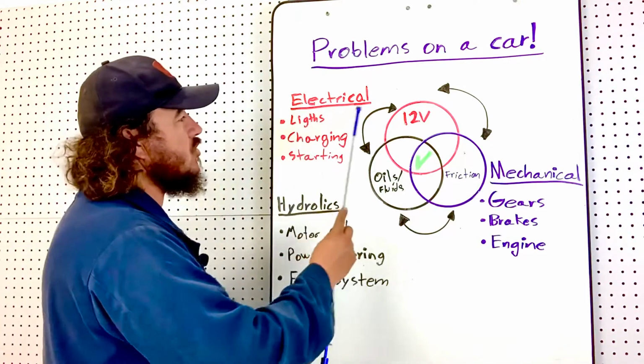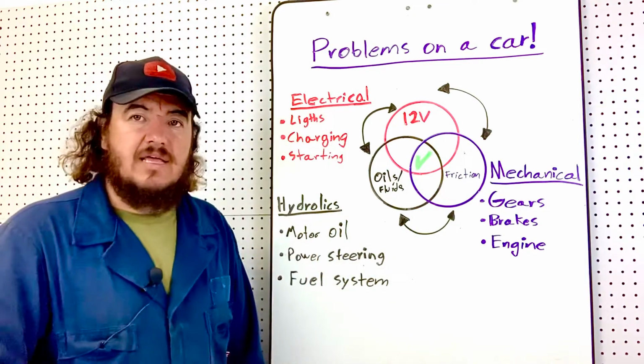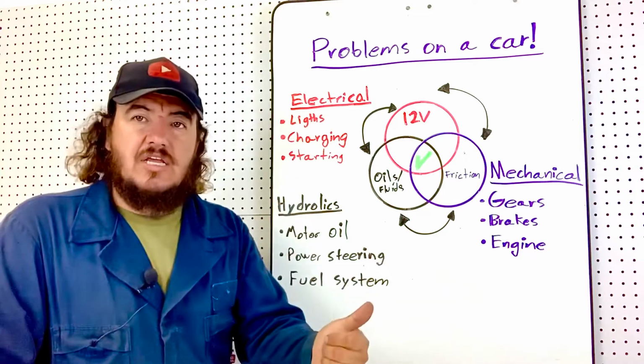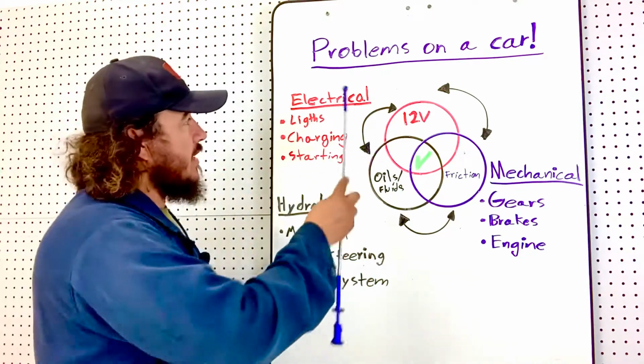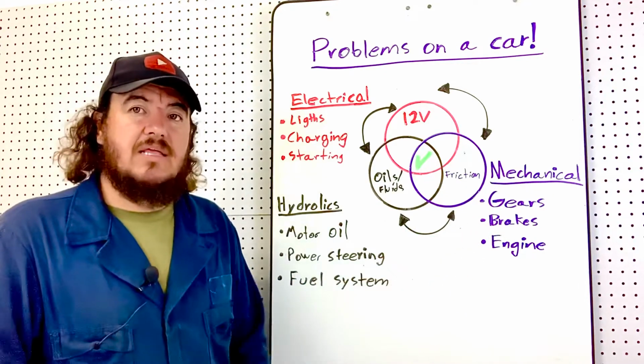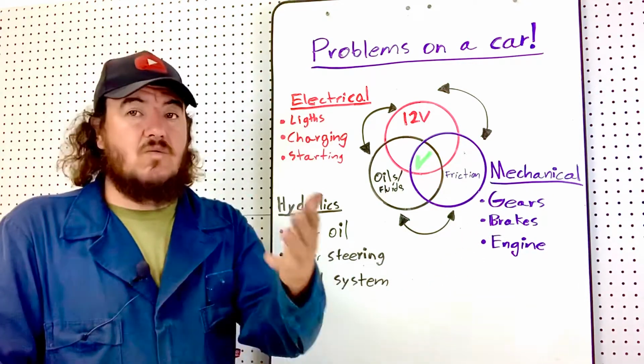But if the electrical is not working properly, then you gotta find out if it's your battery, if it's a connection, or if the electrical is good but your mechanical part is not working properly. It could be your starter that is not working properly.